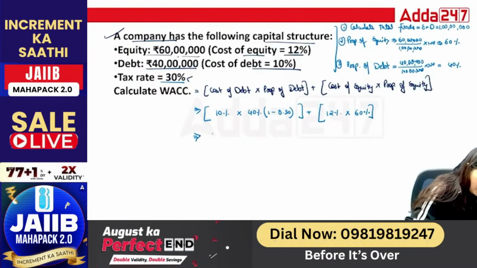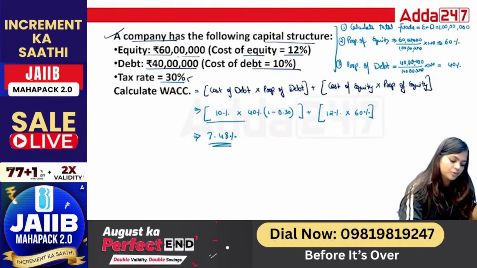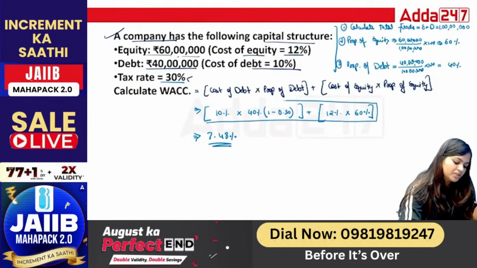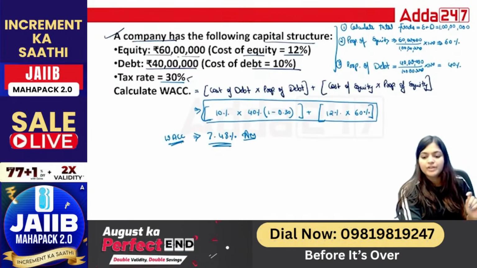So your total WACC is going to be 7.48%. Please everyone cross check it. Once, up to this point we are correct. Just cross check the answer once. So this is your WACC, and this is how we need to calculate.